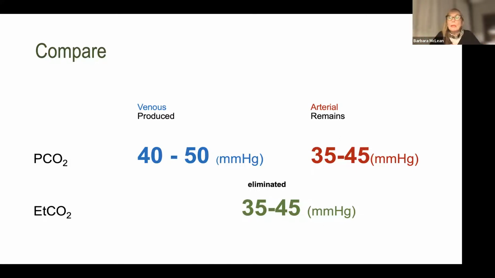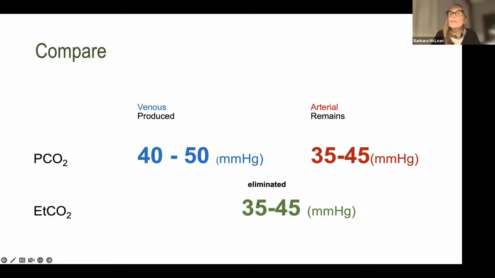What's so beautiful is we're used to looking at arterial CO2. So you see here, arterial, 35 to 45. That's the only one you have to memorize. The range of end-tidal CO2 is typically 30 to 40, and venous, which is the produced CO2, is typically 40 to 50. So you take arterial CO2, subtract 5, that will be the normal end-tidal, even though we like it to be around the same number.